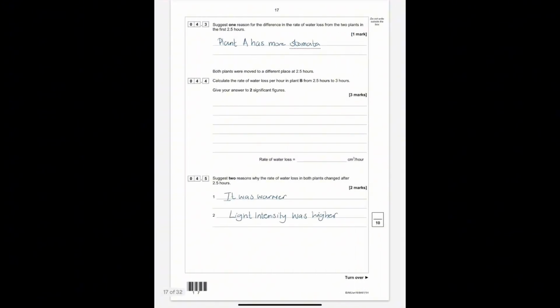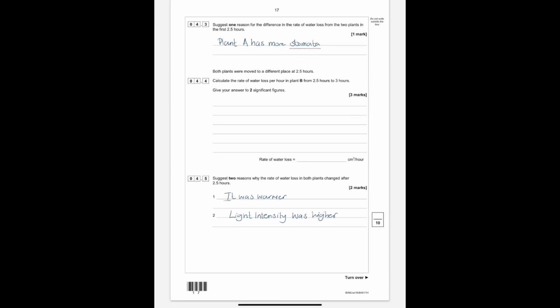Okay, so we can say that the reason is because plant A has more stomata. That could be the reason why it has a higher volume of water loss. There is a possibility that you can write other answers, such as plant A has more leaves, or plant A has bigger leaves, or plant A has a greater total surface area of leaves.